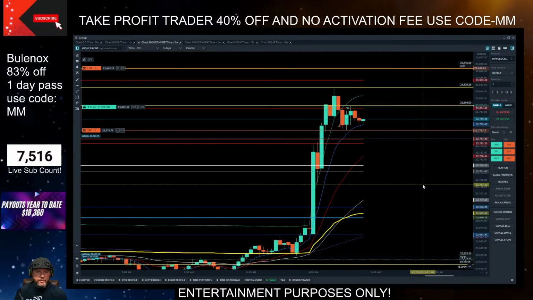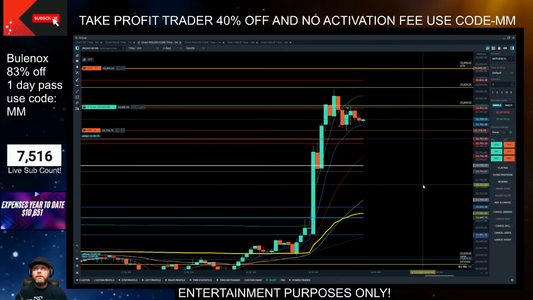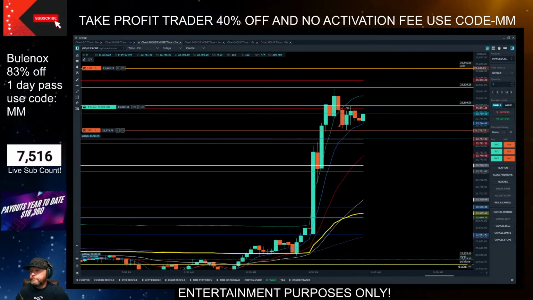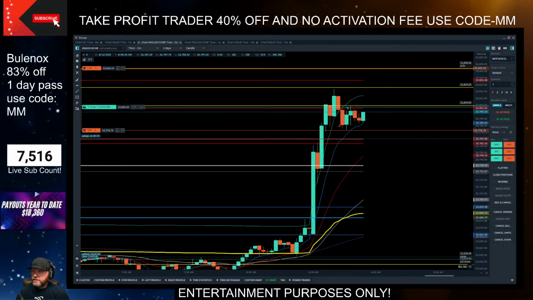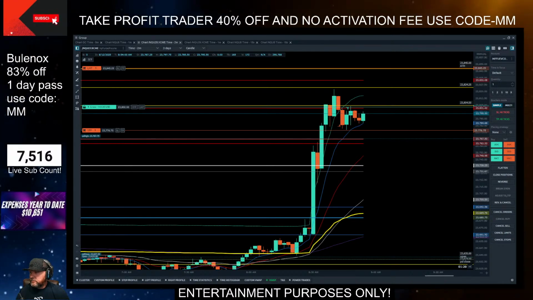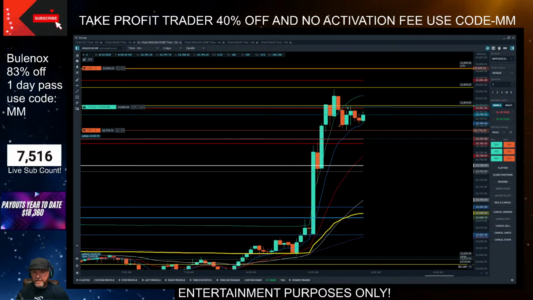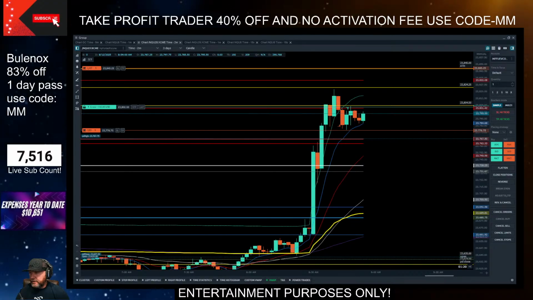Inside bars, 47 seconds. See if this inside bar sets here and then breaks to the upside would be nice. 28 seconds on the inside bar. I might add off the inside bar here if we get it.